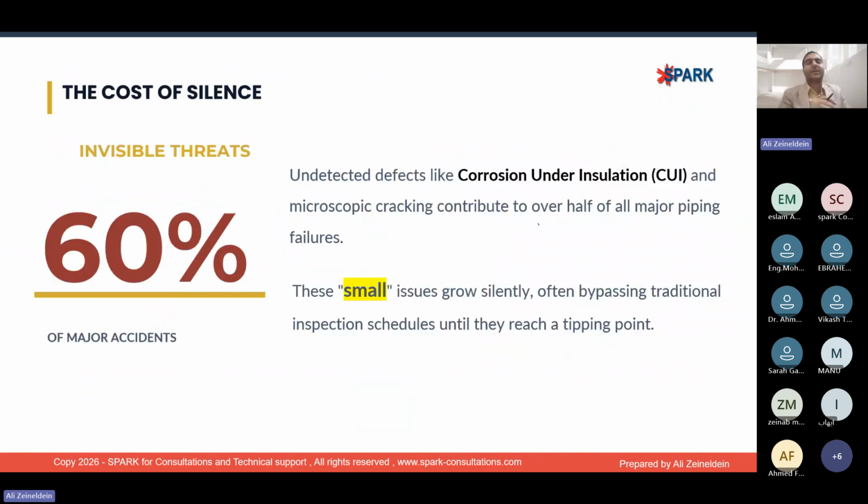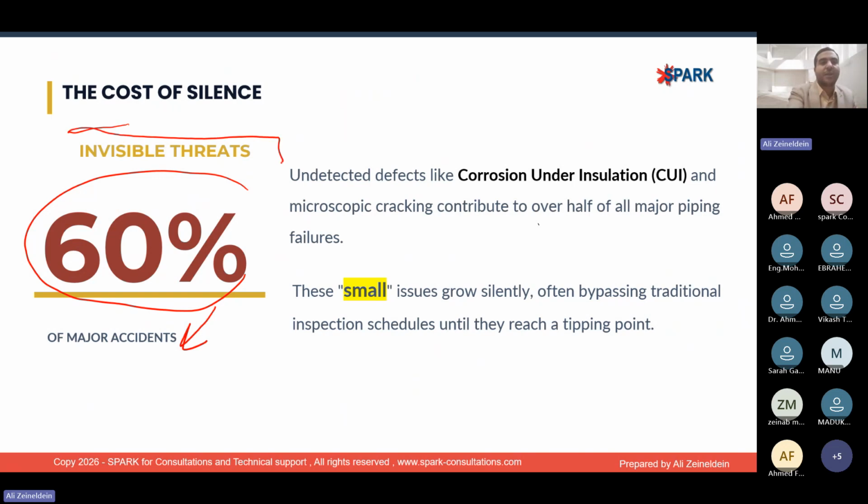Also, we have some statistics indicating that around 60% of major incidents are related to invisible threats. This is another point that needs attention. Approximately 60% come from invisible threats that have a direct impact on major accidents.